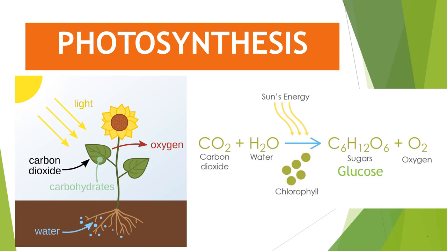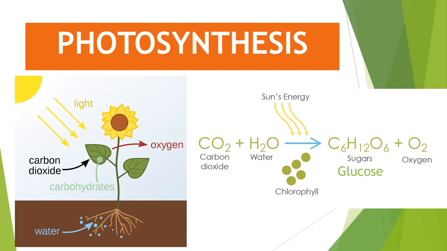Look at this picture. This plant gets light from the sun. Roots absorb water from the soil. During photosynthesis, plants are taking carbon dioxide inside. The arrow, you see the arrow? Plants are taking carbon dioxide inside and giving out oxygen.